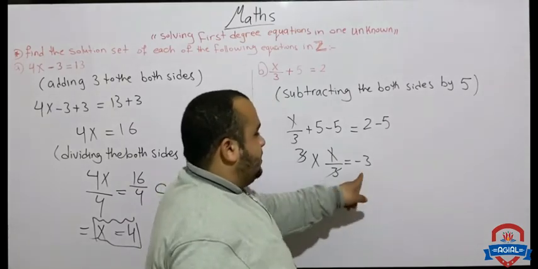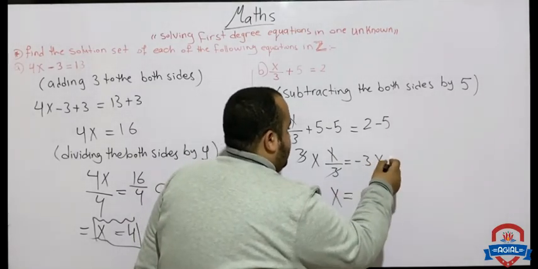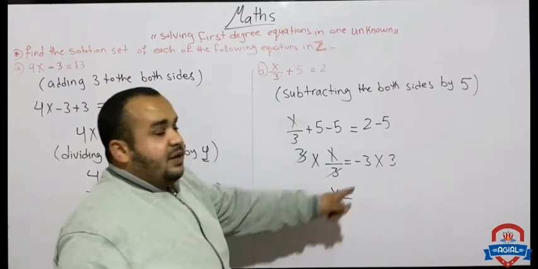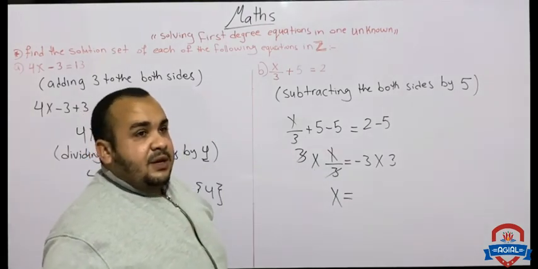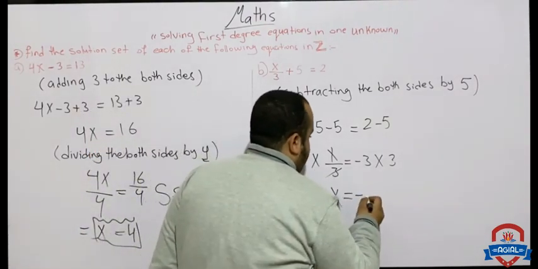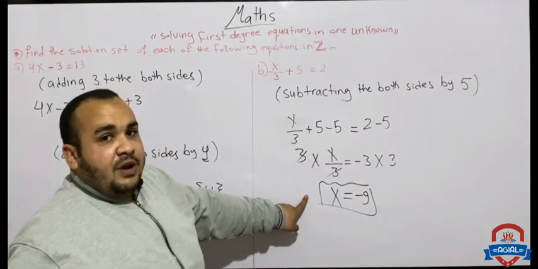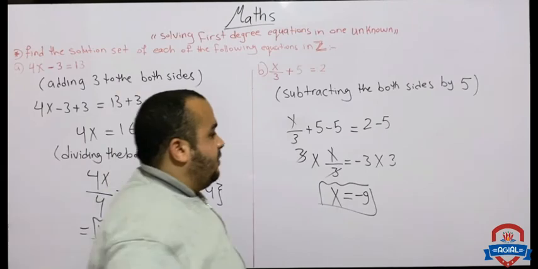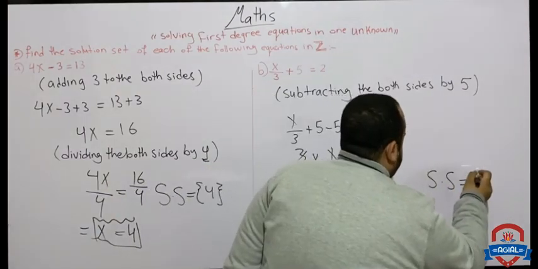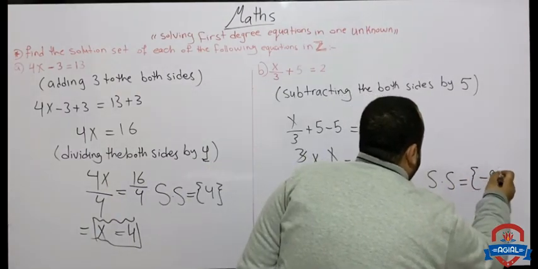And the right hand side equals negative 3 times 3. Negative 3 times 3 equals negative 9. So the value of x equals negative 9. So the solution set of this equation equals the set of number negative 9.